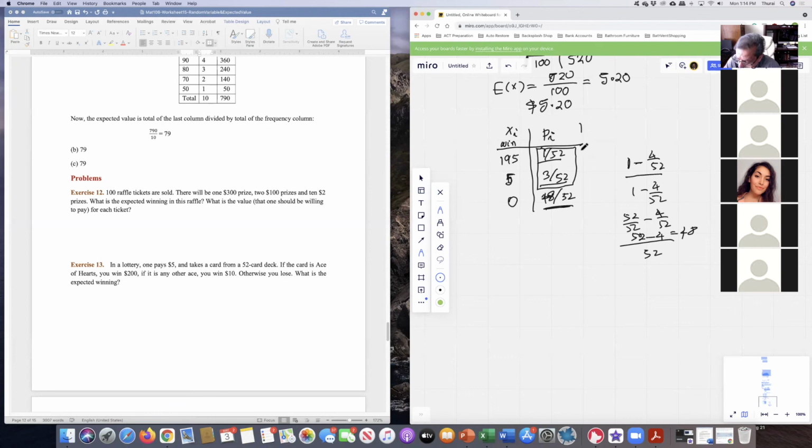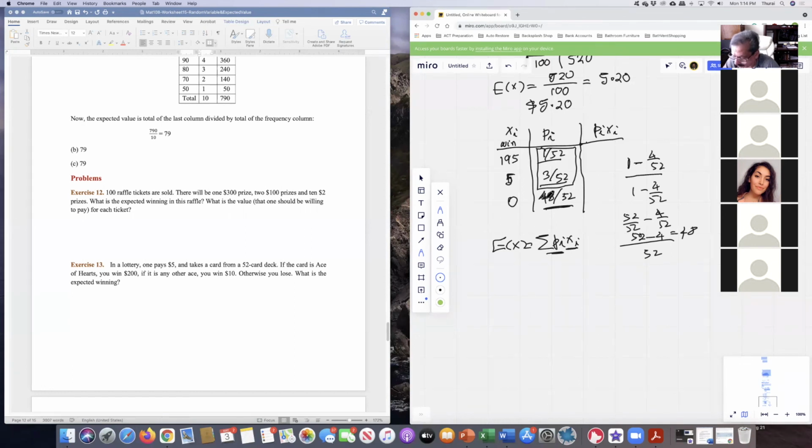Now, to find the expected value, we learned already the expected value equals the sum of PiXi, each value multiplied by probability. So that's what I have to use now. So I need to find PiXi. Since we have 48 over 52 for 0, would it be possible to put it in simplified form?